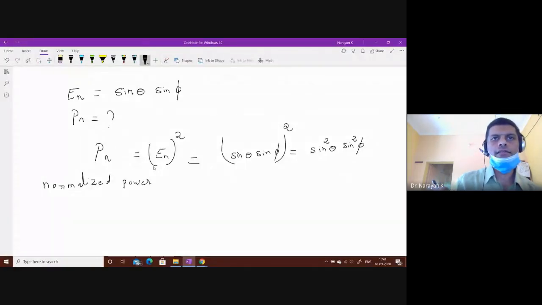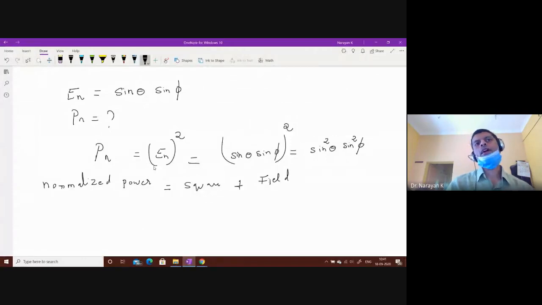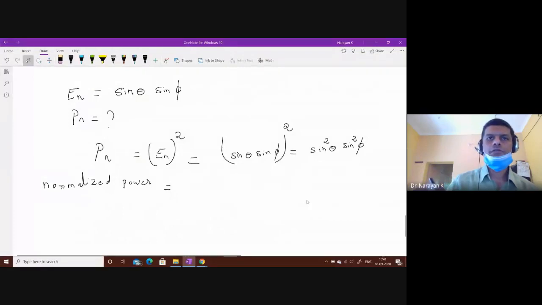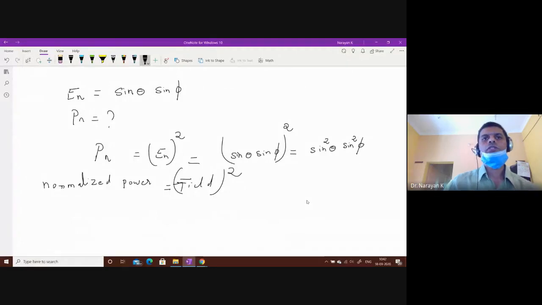Mostly they will give the electric field, so the square of the field. Sorry, it is not the square of the field; you multiply the field with itself, the field raised to the power 2. This is what you call normalized power.